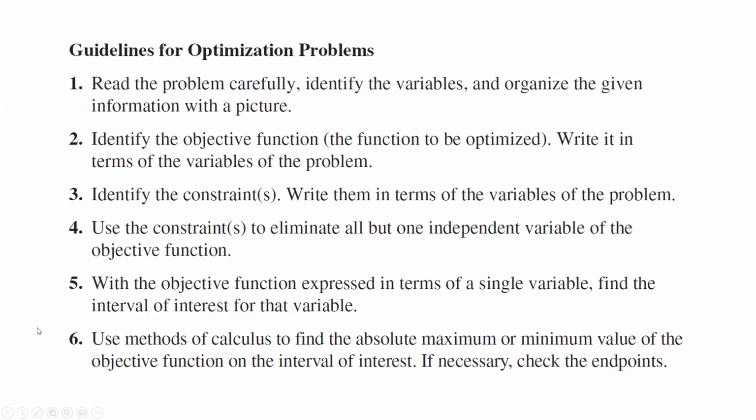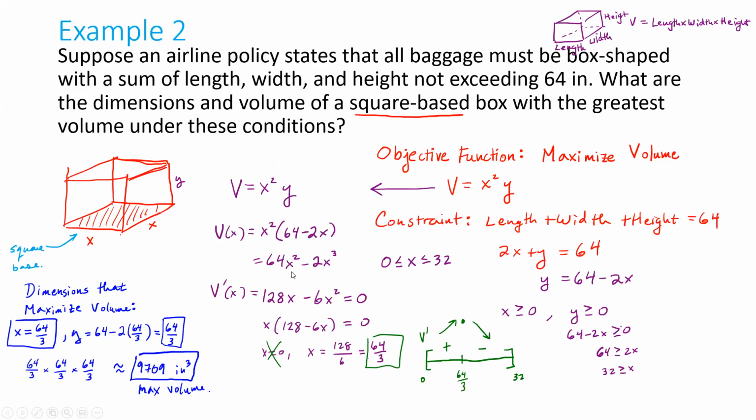And then once we do that, we can write the objective function expressed in terms of a single variable and find the interval of interest for that variable. So in the last example, we expressed our V of x in terms of a single variable. Here was our interval of interest from 0 to 32, which basically was making sure that we always have positive dimensions. We don't want a box where the dimensions are negative numbers.